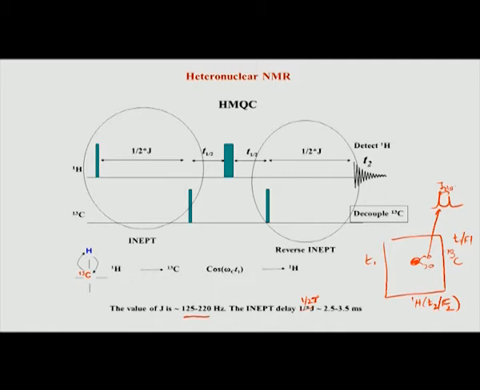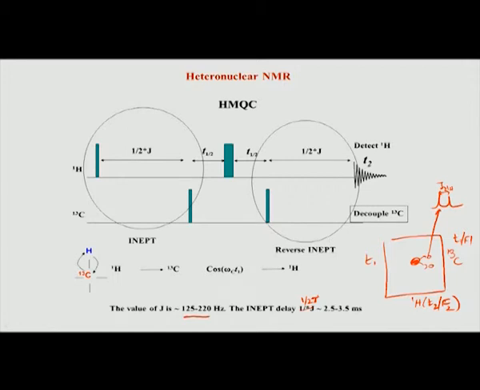We did not see that in the spectrum which I showed you, because that was more like a schematic drawing, but in reality if you give a very long value here, in this portion, then you will find couplings between protons will start appearing along the vertical axis. So, this peak will not appear as a single peak, it will appear as two peaks. This is called F1 splitting, and that does not happen in the HSQC.